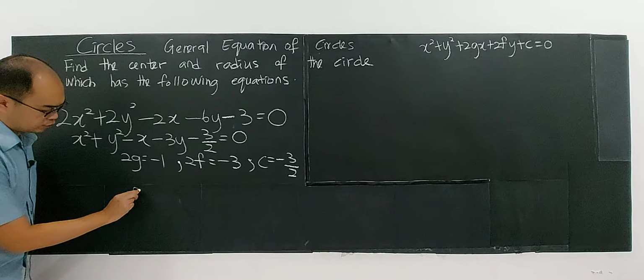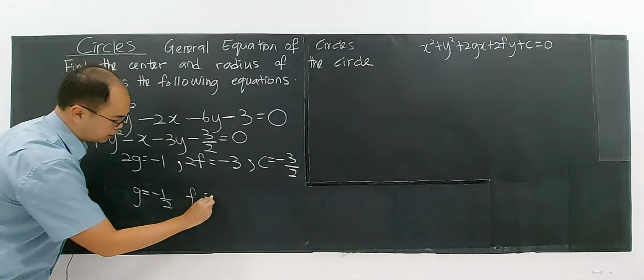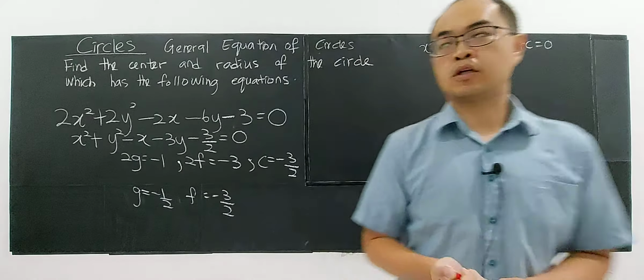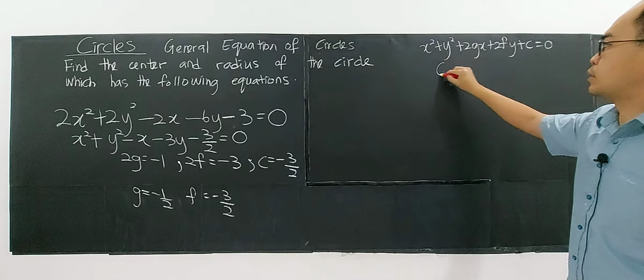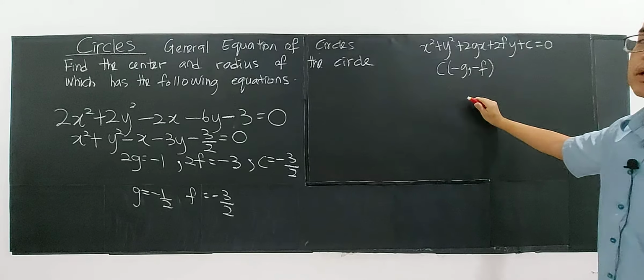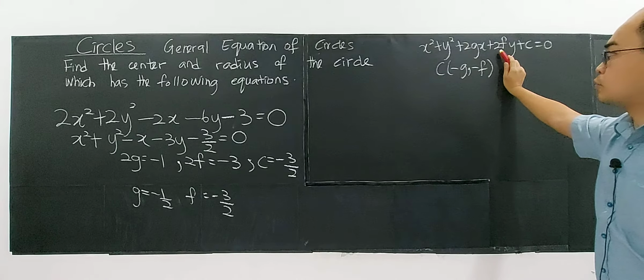So we get g to be negative 1 over 2 and f to be negative 3 over 2. According to the formula, the center will be negative g, negative f.